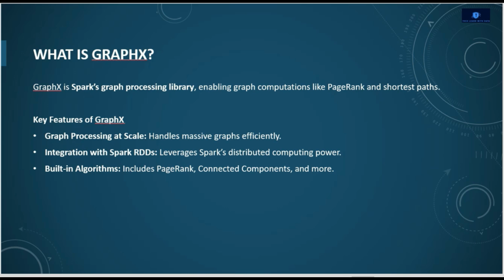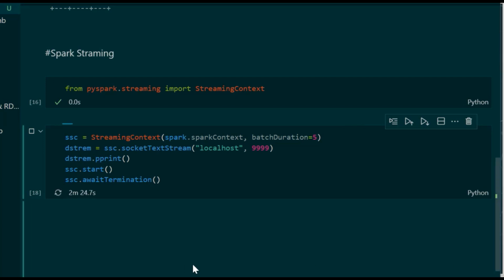Key features of GraphX: it handles massive graphs efficiently, integrates with Spark RDD and Spark's distributed computing power, and has built-in algorithms including PageRank and connected components, and many more that we can see. Let's take a look at the result in Visual Studio. It is still executing, just wait.